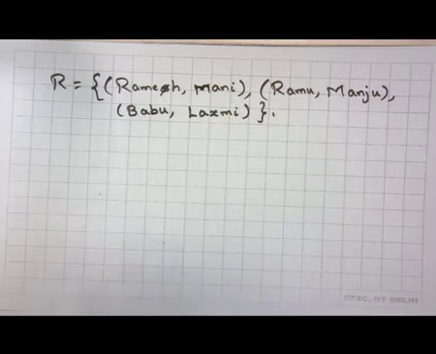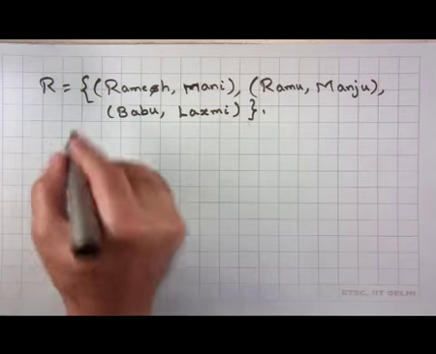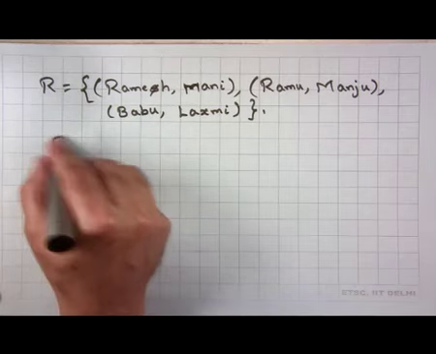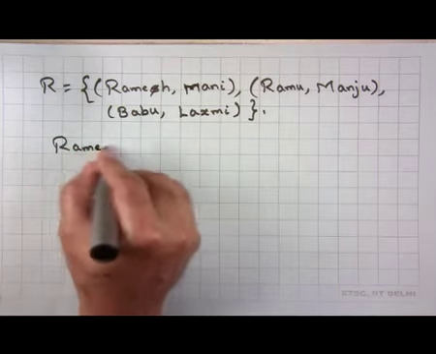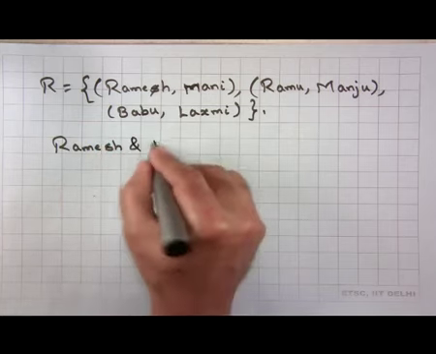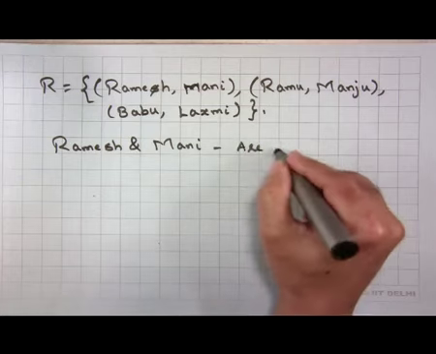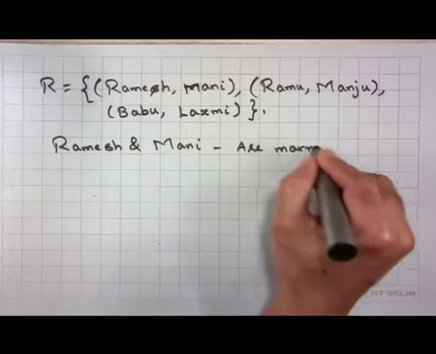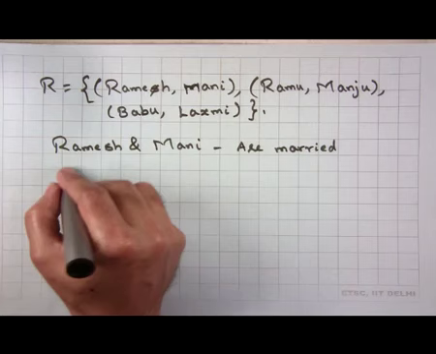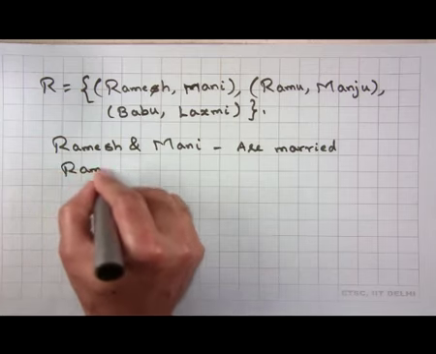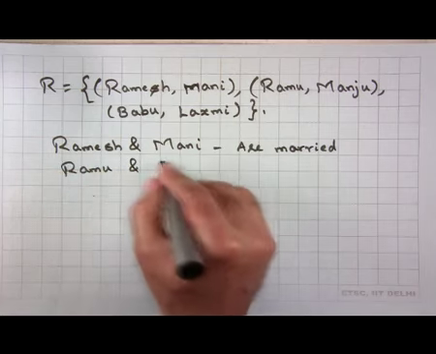Right. So, how are these things done? Ramesh and Mani, they are married together, and similarly Ramu and Manju, they are married.